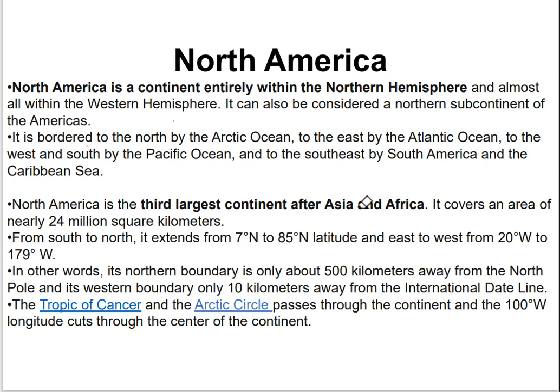North America is the third largest continent after Asia and Africa. It has already been discussed. It covers an area of nearly 24 million square kilometers. We had already seen in the chart the exact area. From south to north, it extends from 7 degrees northern latitude to 85 degrees northern latitude, and from east to west from 20 degrees western longitude to 179 degrees western longitude.